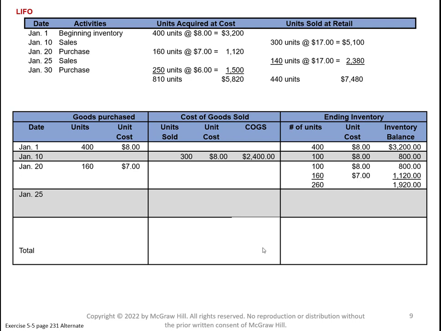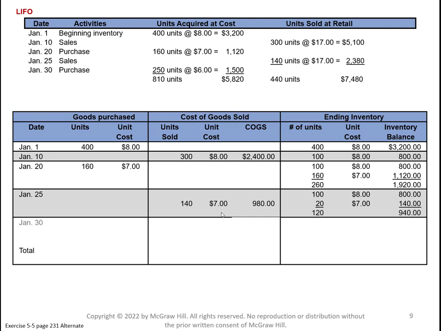Then on January 25th, we sold 140 units. Under LIFO, we sell as many of this most recent purchase as we can, and we can get all of it from there. So 140 at 7, 160 minus 140 leaves us 20 at 7, and we still have all of the 100 at 8 left.